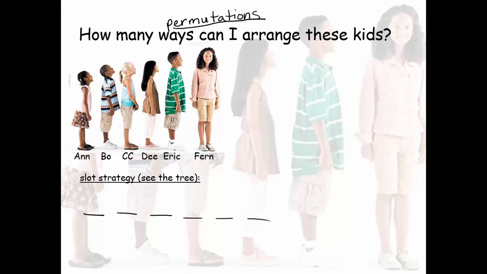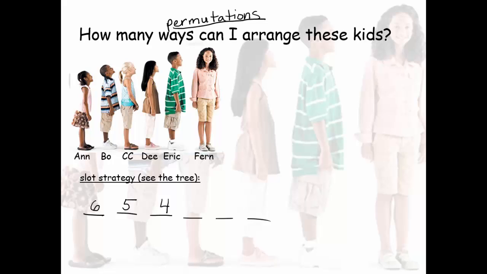When I choose who gets to be in the first slot, how many kids do I have to choose from? Well, anybody could be in the first slot, so that's 6 choices, right? Once one of those kids has been chosen, how many kids are left to choose from for the second slot? Only 5. I think you can see where this is going, right? So I've got 2 kids now locked in. I have 4 to choose from.